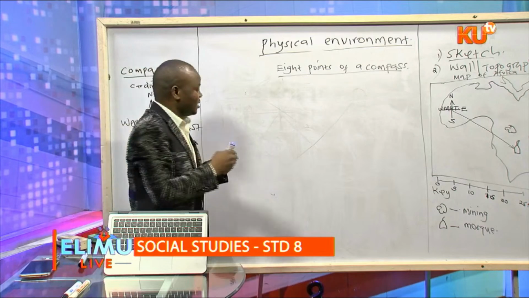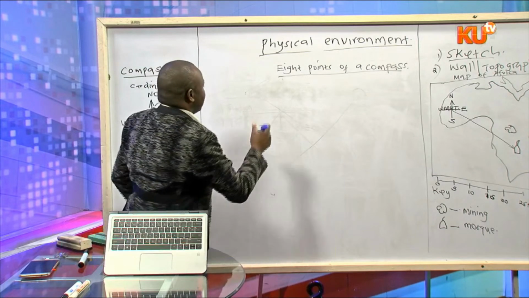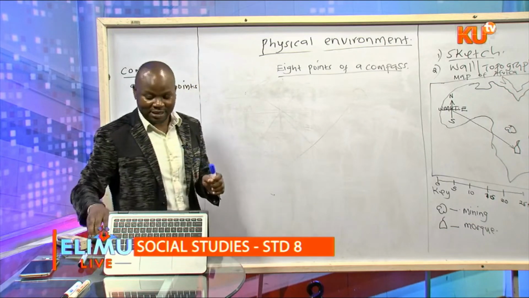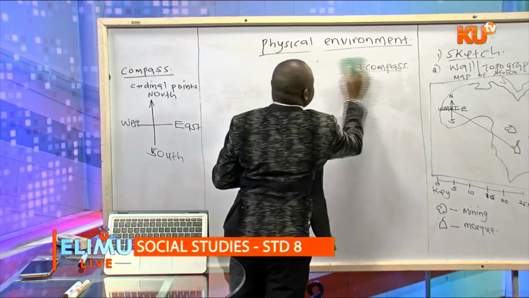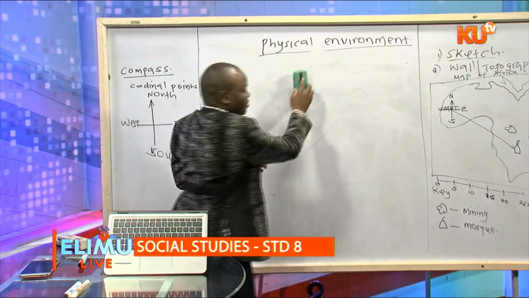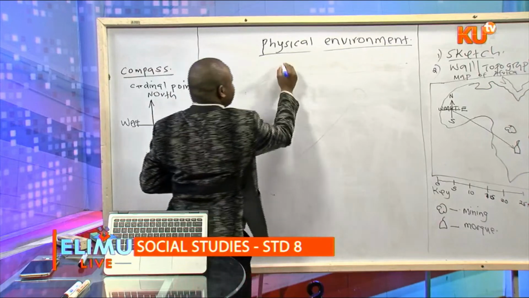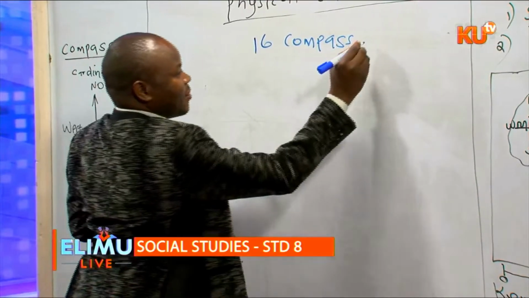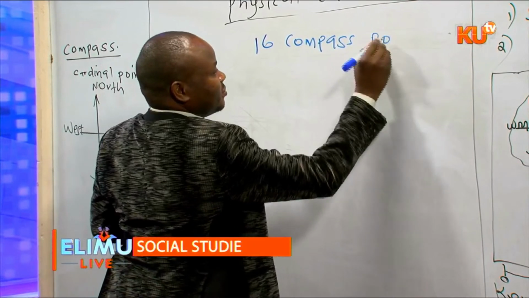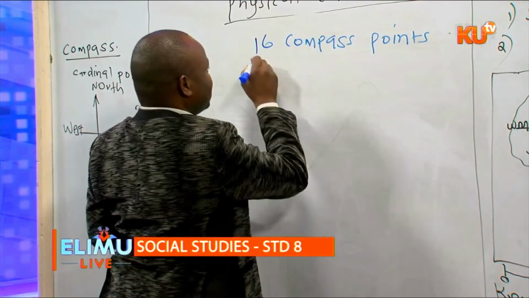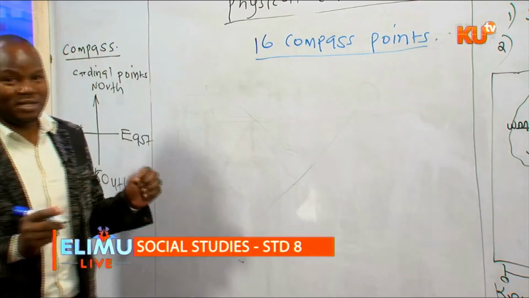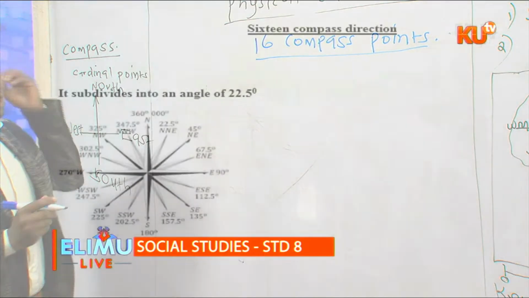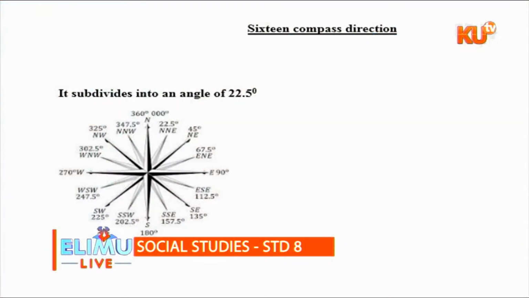There is also that part of the 16 compass directions, the 16 one. For the 16 compass points, mark this one, you are going to see that we are now going to demarcate the 8 into other 8.